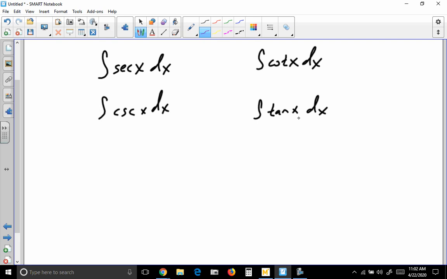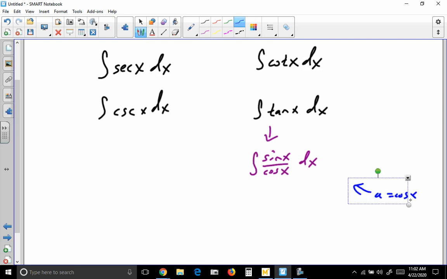So why can we do these now? If we look at tangent, another way of writing tangent is sine over cosine. If we were to let the denominator be u, then the derivative of that is minus sine x dx.